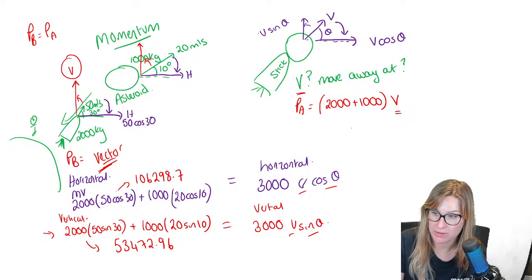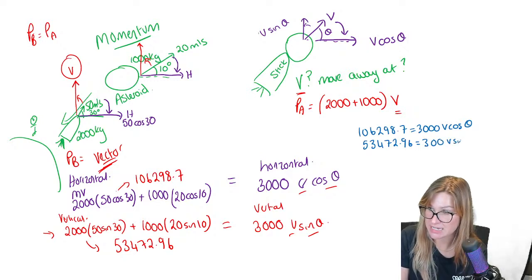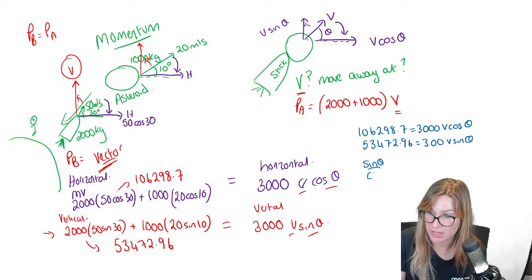So if you think about it, what we really have now is 106,298.7 equals 3,000 times v cosine theta. And I know that 53472.96 equals 3,000 times v sine theta. And if we divide them, good job. If anyone remembers the rule, sine theta divided by cosine theta always gives us tan theta.